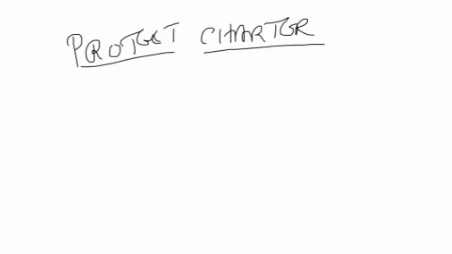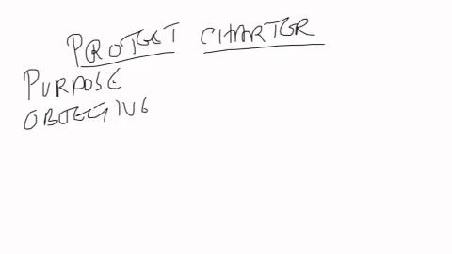Typically, a project charter contains the purpose or justification of the project, the measurable project objectives and the related criteria, and the high-level requirements.